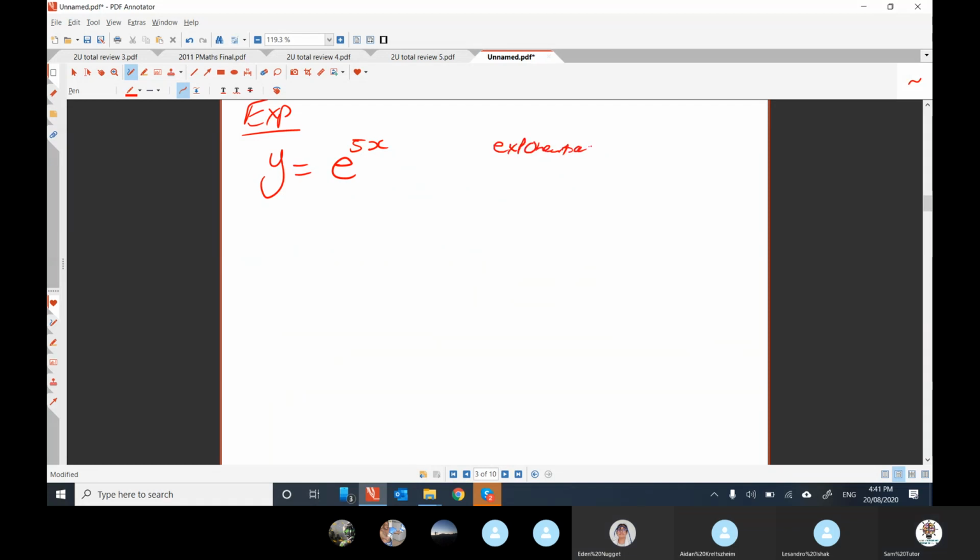Exponentials are always exponentials. Sounds simple enough, doesn't it? So, y equals e to the 5x becomes, Alessandro, take a guess. The exact same. So take a guess. e to the power of 5x.